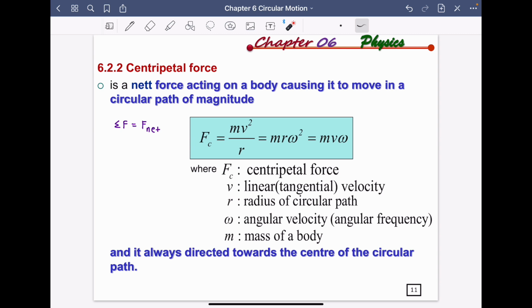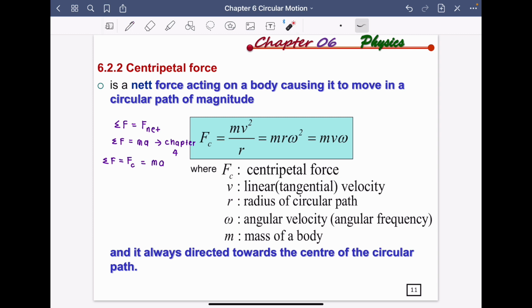So sama macam konsep dalam chapter 4 yang kita belajar, total F equal to MA. Ini adalah chapter 4. Okay, so dalam chapter circular motion ni, so total F kita is equal to FC. So equal to MA juga.